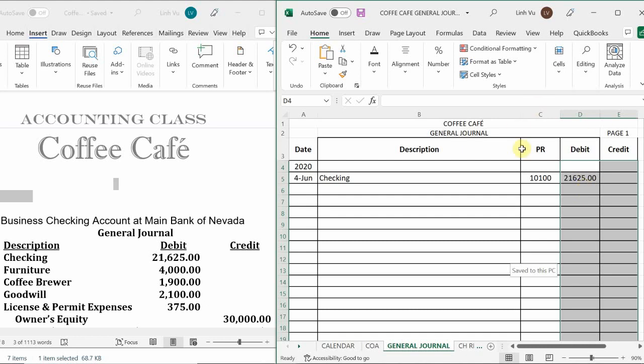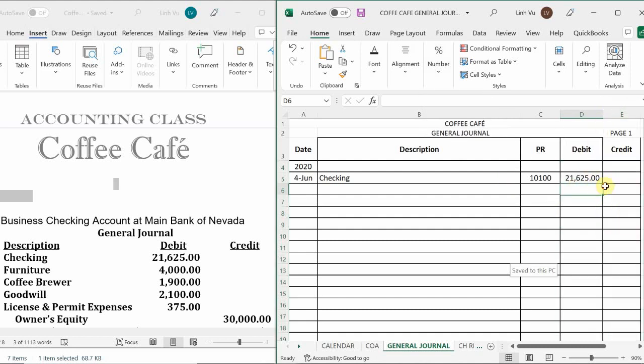As long as you can see the 21,625. So I like to use comma style, which is right here, which is going to give me the commas, and it's also going to give me the decimal points, okay? All right, so that's how much I'm putting in my checking.